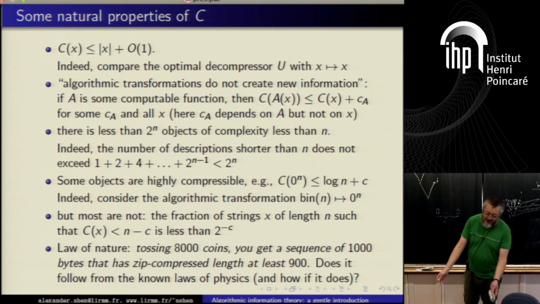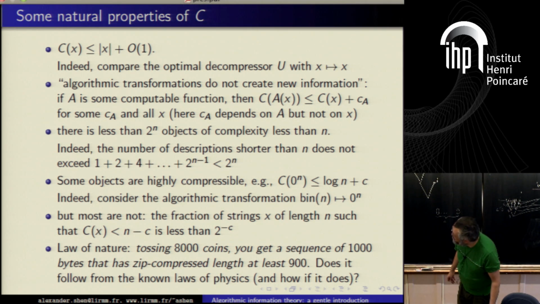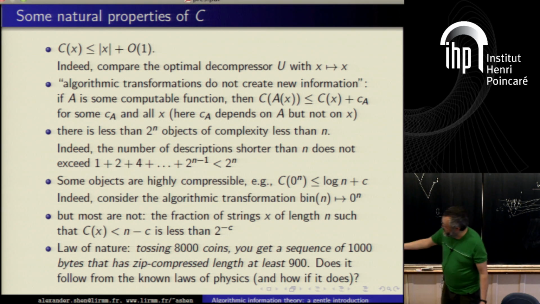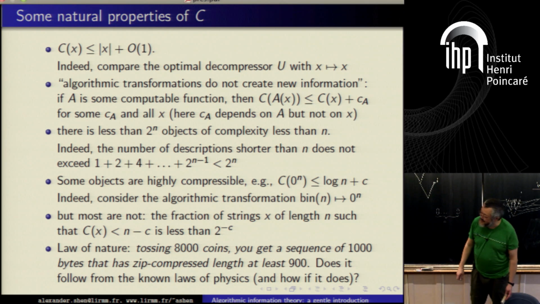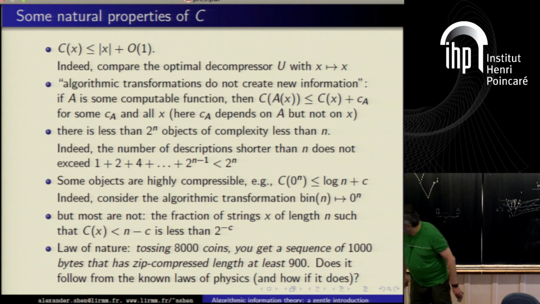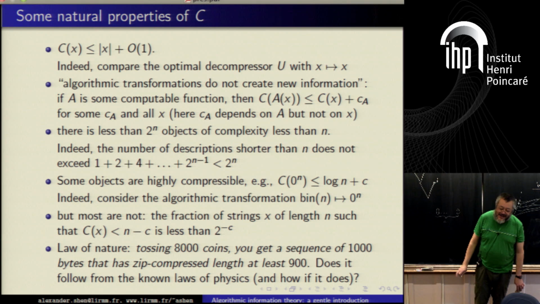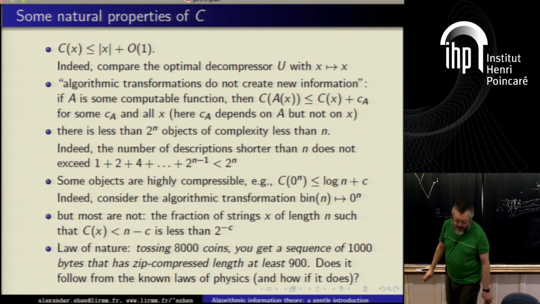If I have more time, I can toss 8,000 coins and get a sequence of 1,000 bytes, then run the zip program on this laptop, and I claim that after compression it will never be less than 900 instead of 1,000. So we can be practically as sure of this as of any other law of physics, like a measurement of gravity or whatever.